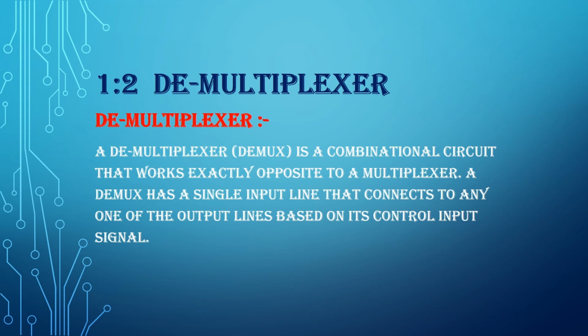Usually for n selection lines, there are 2 power n output lines. Here I am considering a 1 cross 2 demultiplexer. So the number of selection lines is 1, and 2 power 1 is equal to 2 output lines. N is the selection line.